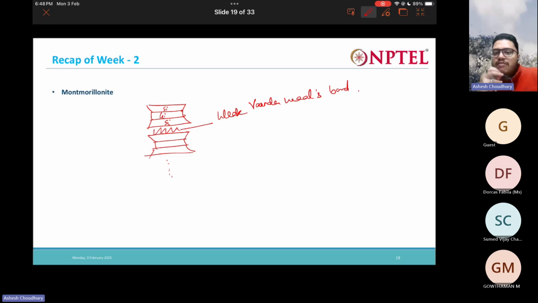Now as soon as you have the monsoons coming, rain is going to pour. As soon as the soil comes in contact with water, it's going to expand by huge amounts of volume, and due to that expansion there are going to be differential settlements and everything, and the structure is going to fail. Okay, so that's why this Montmorillonite is very risky. We have to avoid this kind of expansive soil.